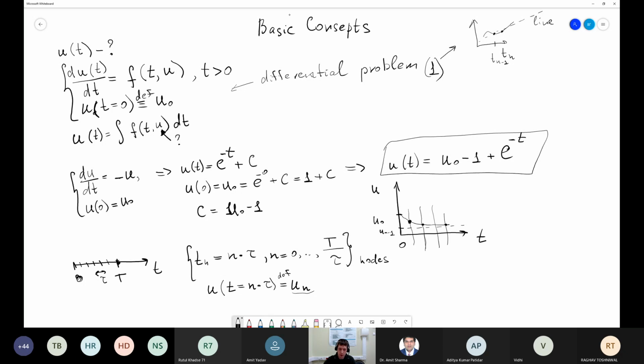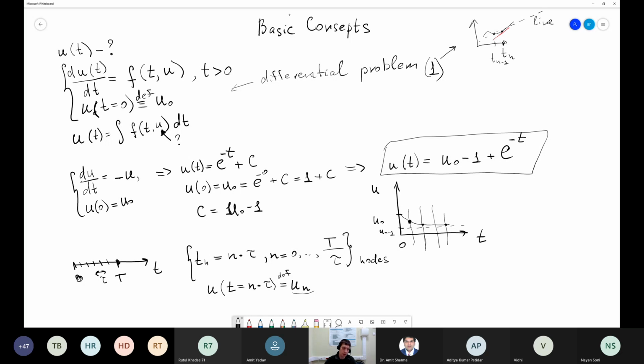The real derivative, of course, is different, but we expect that by decreasing the time step between tn and tn minus 1, we will obtain convergence of this straight line to the correct value of the first derivative.